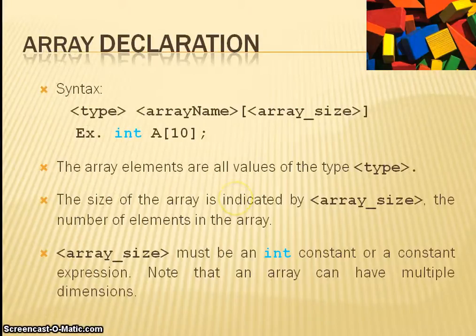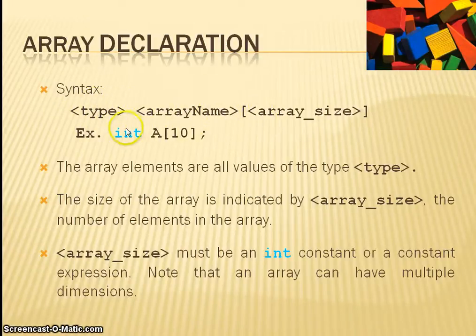The next slide shows how we have to declare the array in programs. The syntax for the array declaration is type, followed by an array name, followed by an array size. Here the type declares what type of values can be stored in this particular array.